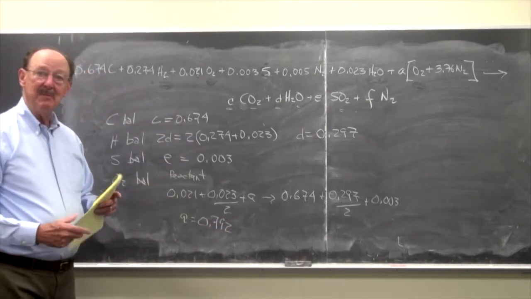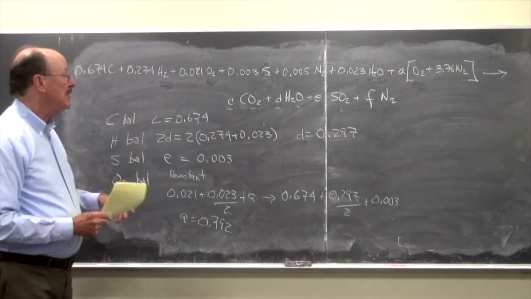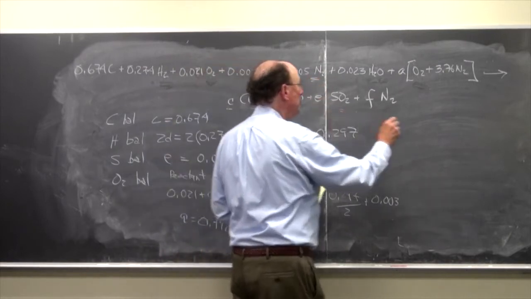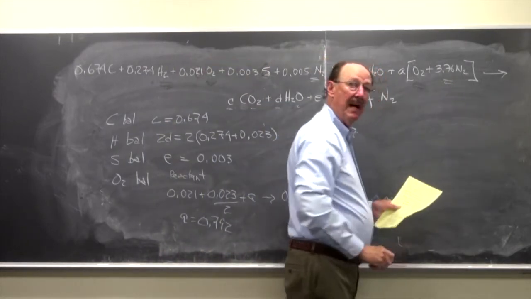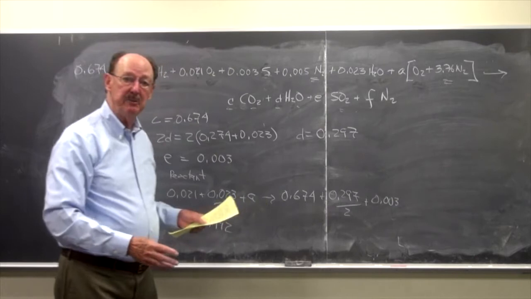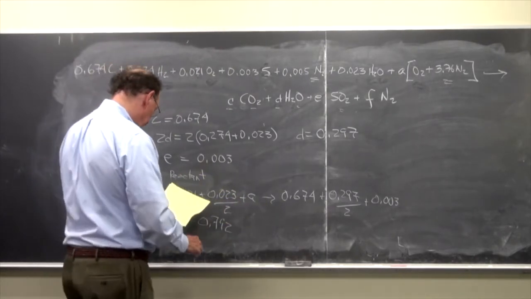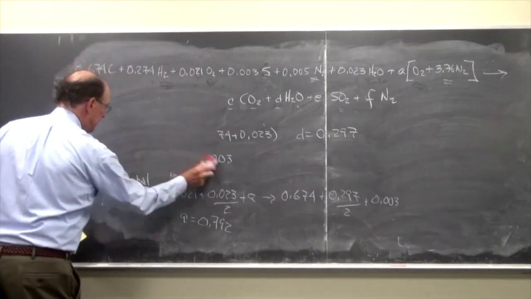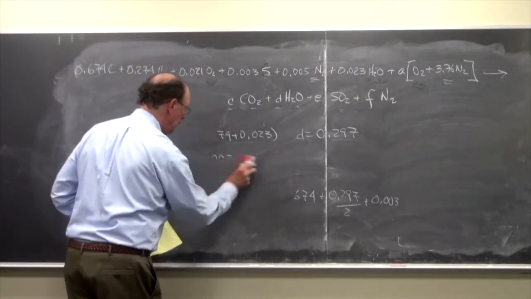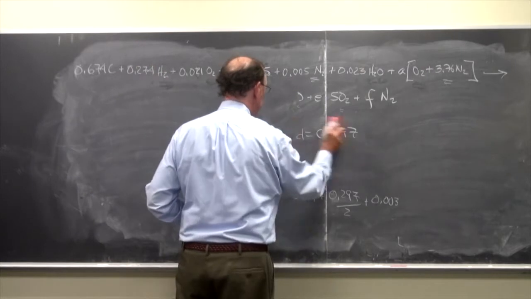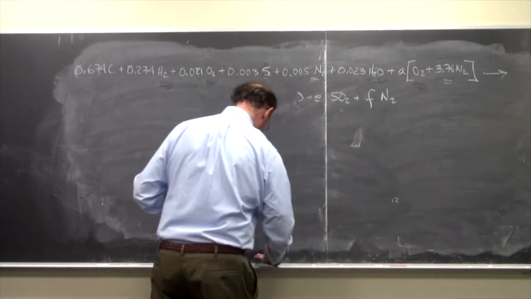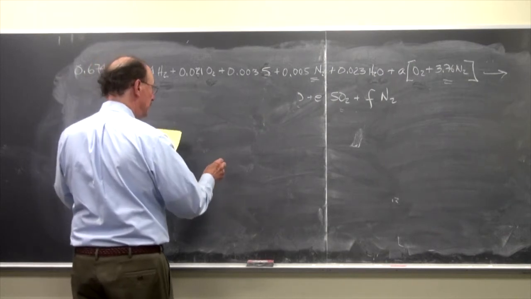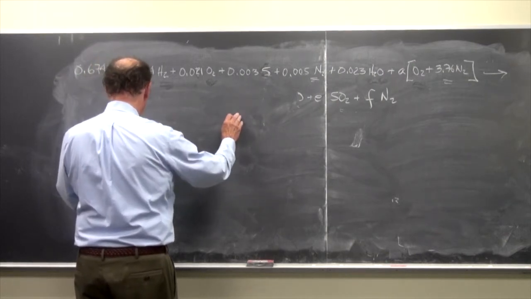And now I have the same sort of deal with the nitrogen, because I have the nitrogen here as well as the nitrogen here. But now I know what A is. So we're going to do a nitrogen balance as well. Oops, I didn't mean to erase that.